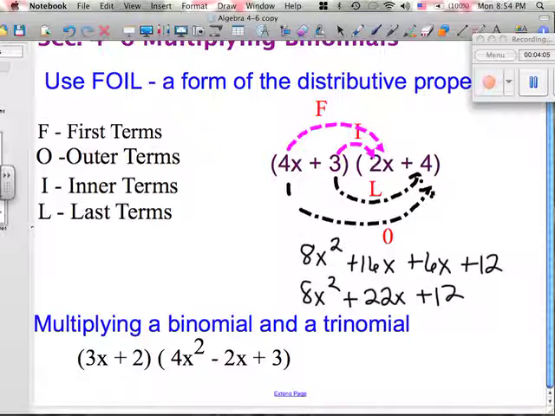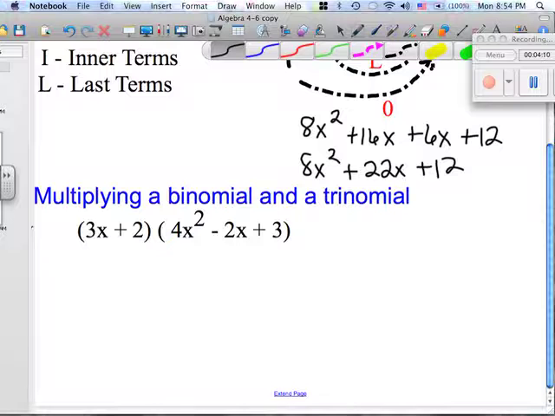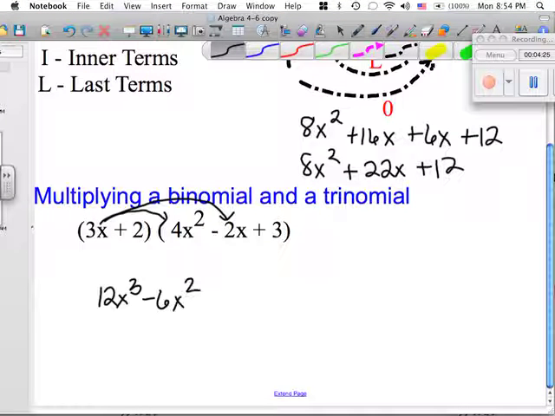What we're going to do is multiply the first term in the binomial times all three terms in the trinomial. So we do 3x times 4x squared, and we get 12x cubed. Then 3x times the negative 2x gives us negative 6x squared. And then 3x times 3, which is 9x.